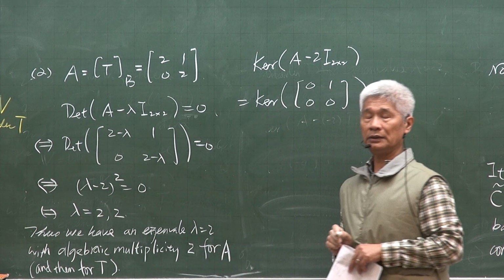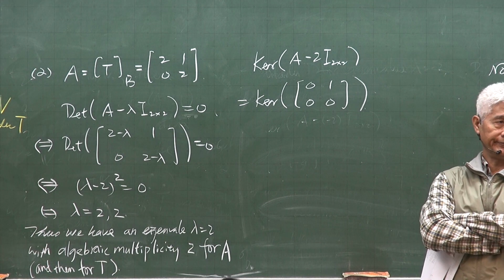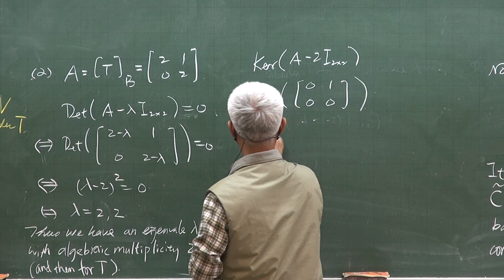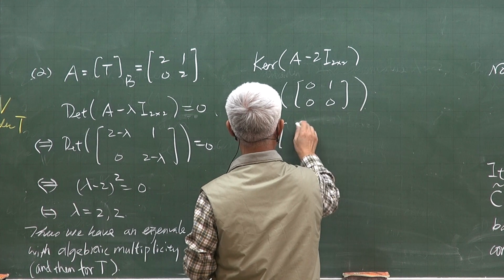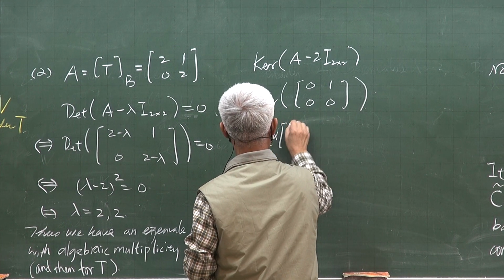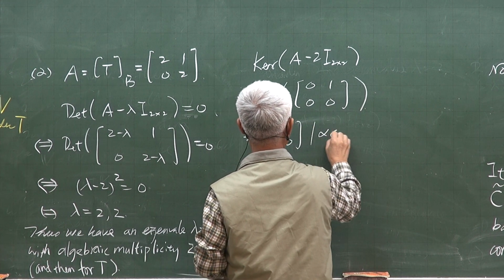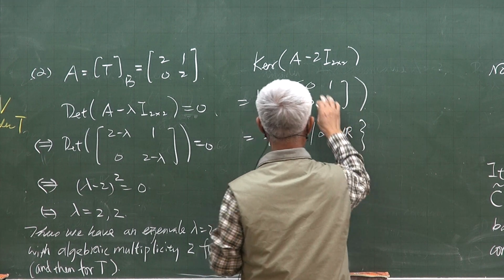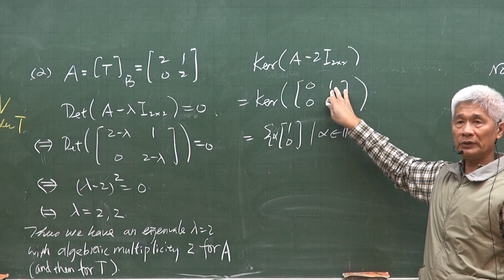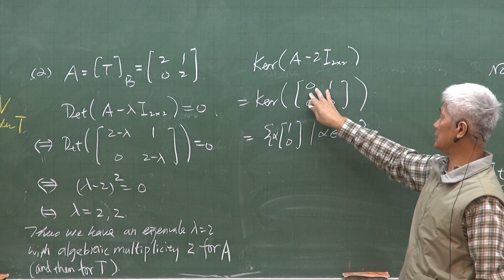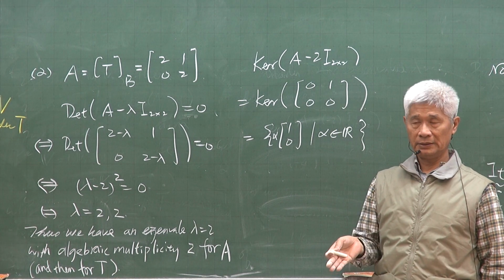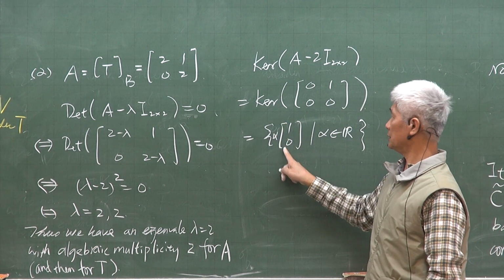So what is that kernel? It's spanned by 1, 0, because it says that the second component should be 0, but the first component can be arbitrary, right? So we have that the kernel is here.